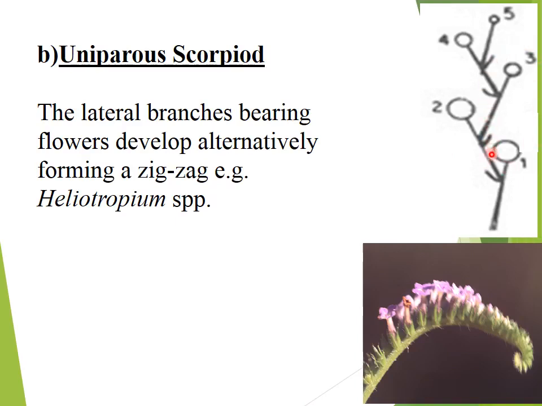Again, a new stalk is formed, and at the end of this stalk a flower will form and the growth will be checked. Next time a new pedicel will form, and at the end of that stalk flower number 3 will form and the growth will be checked. So this process will continue, but in a zigzag manner. It is known as uniparous scorpioid.